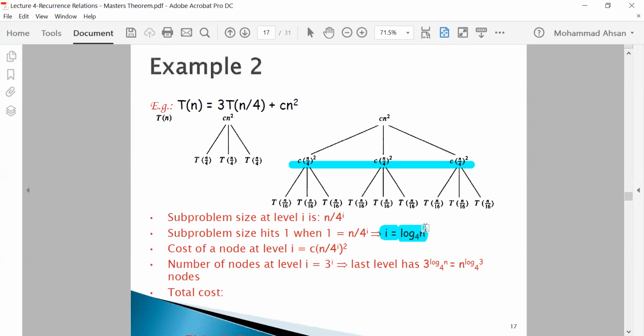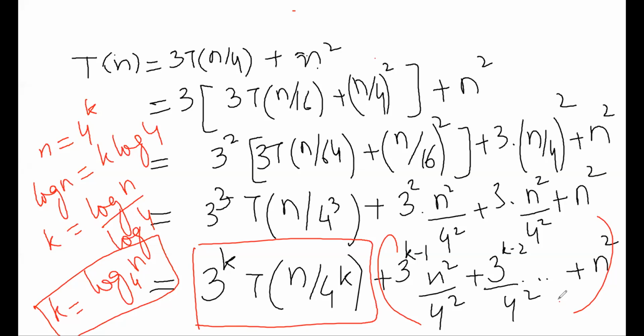It is (n by 4 to the power i) whole square, whatever level you are at. And how many nodes does the last level have? So if you go back here, let me see on the whiteboard, how many T1s do we have? We have 3 to the power k T1s. So how many nodes at the leaf level?